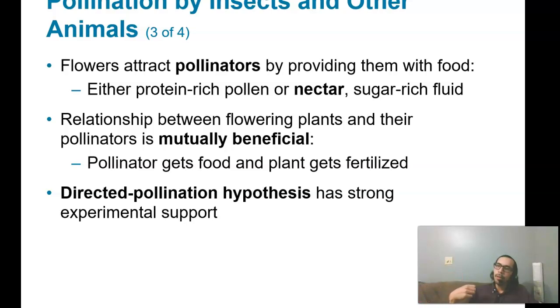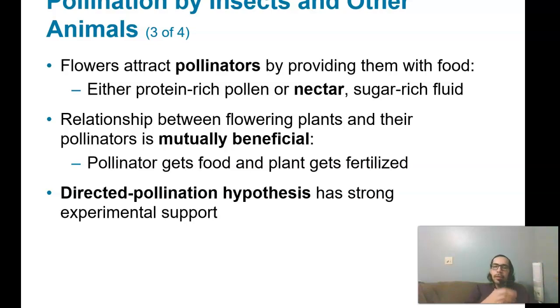They want the carbohydrates, the nectar, or the protein, because some insects visit some flowers specifically for pollen because that provides the protein, or they'll visit other flowers just for the nectar. So the relationship between the flowering plants and their pollinators is a mutually beneficial one.